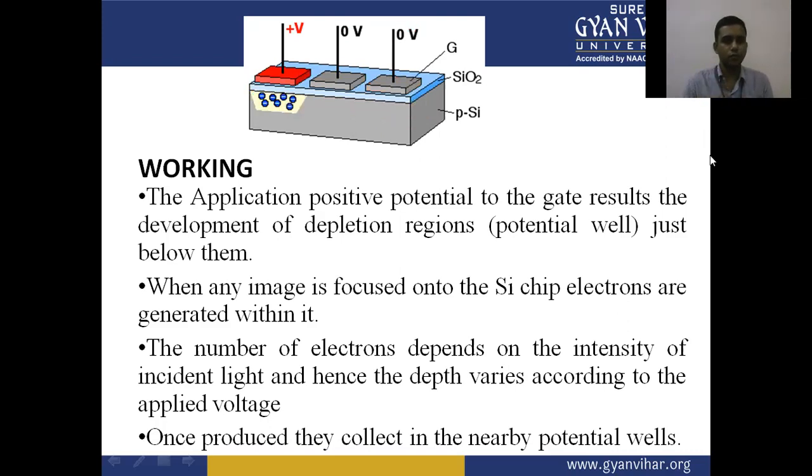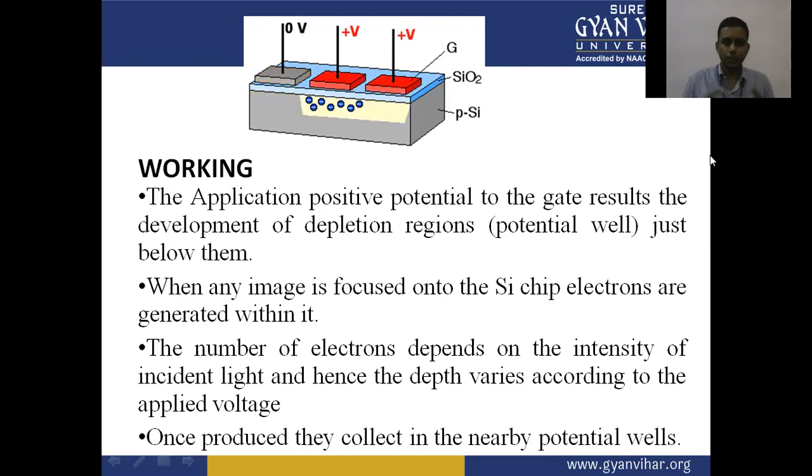any image is focused onto the silicon chip, electrons are generated within it. The number of electrons depends on the intensity of incident light, and hence the depth varies according to the applied voltage.